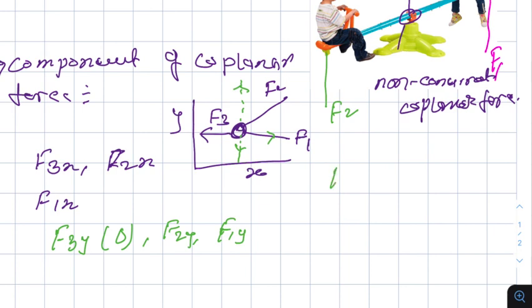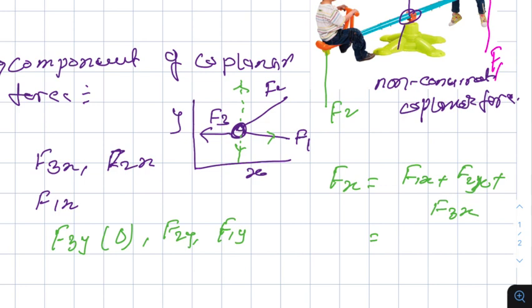We can sum over the forces along one direction. For example, Fx is the sum of the forces in the x direction: F1x plus F2x plus F3x.